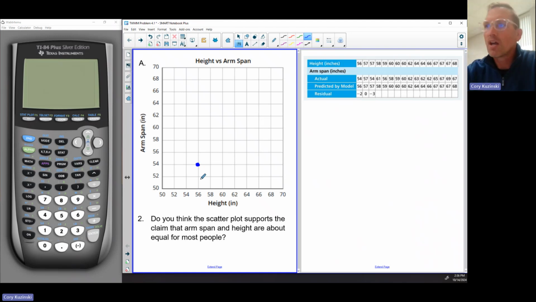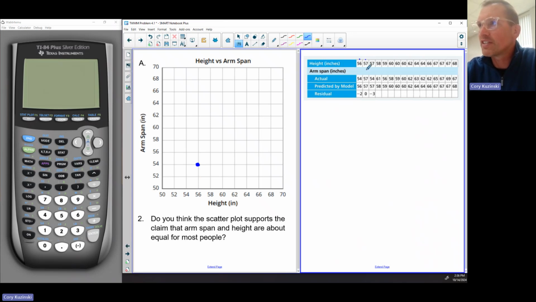Let's keep going. Let's do this one, 57 and 54. That person's a little bit taller, same arm span. And then 57. Oh boy, I messed that up. Let's go back. It was 57 and 57. All right, 57 is right there.